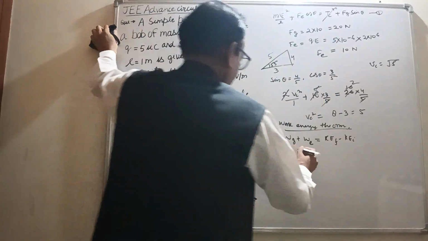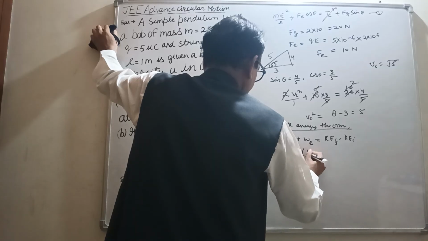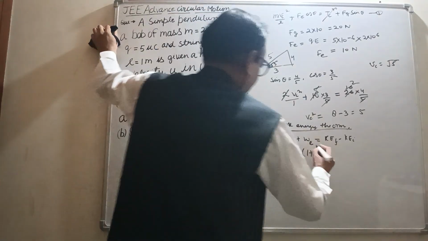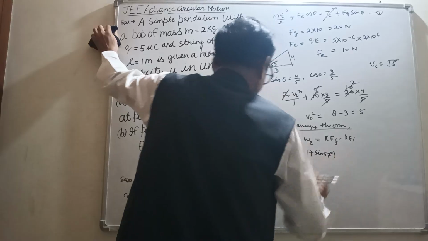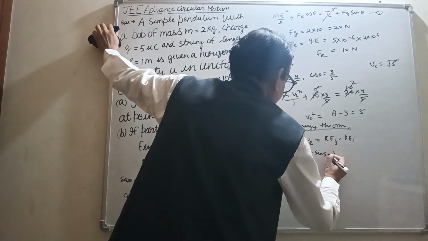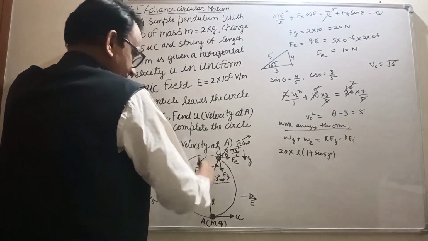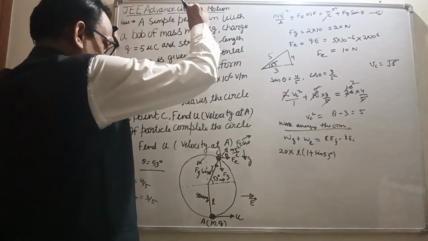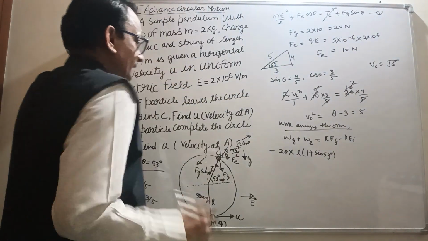We take L common, L into 1 plus the component of theta in this direction, which will be sin theta. So this is L sin 53. The force is acting downward and the displacement is upward, so cos 180 is negative.